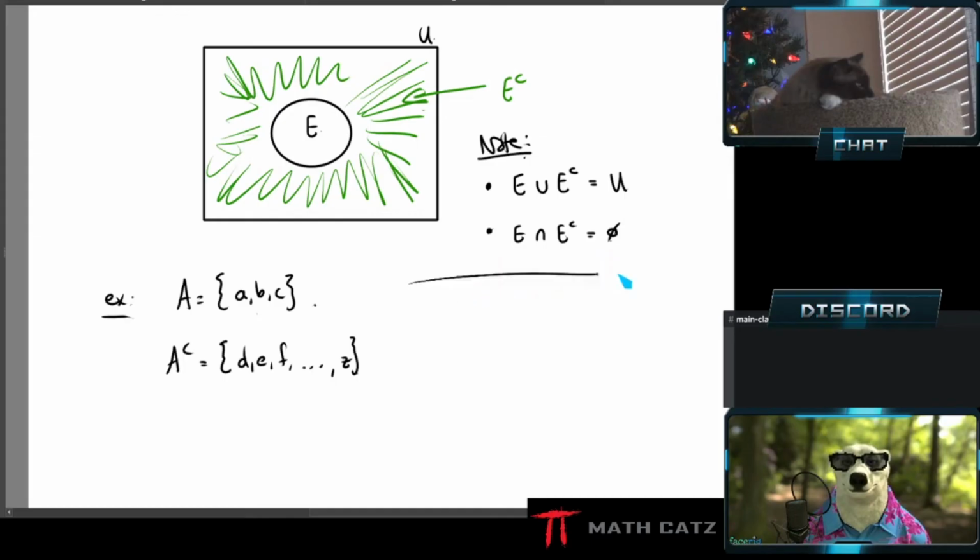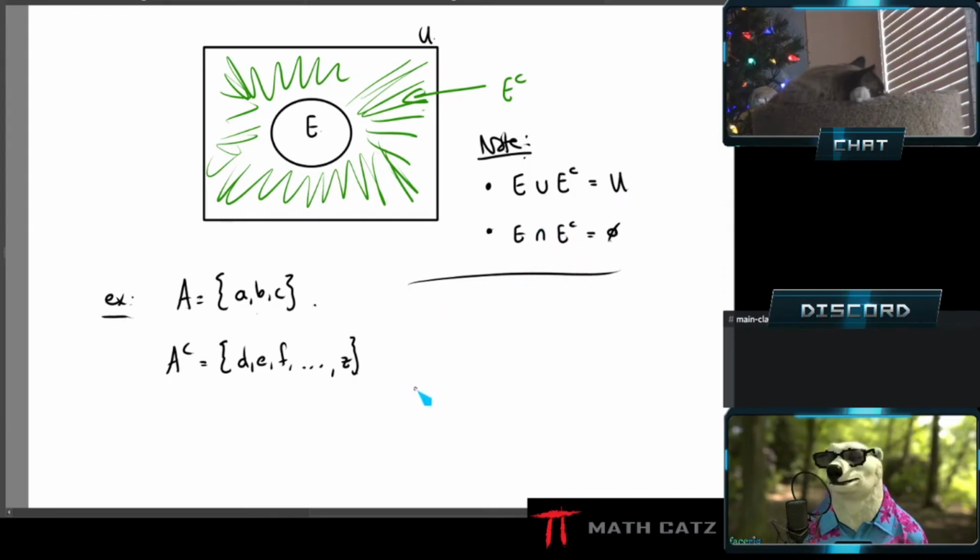We don't want to make things unnecessarily complicated. We already have all the others covered. We did union and intersection. So never mind that. So any set, thrown together with its complement makes everything. And there is no overlap between the two.